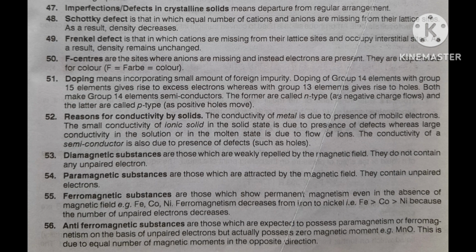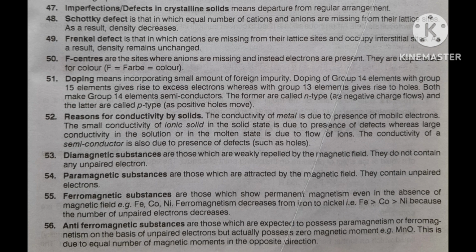Now what is actually Schottky defect? Schottky defect is that in which an equal number of cations and anions are missing from their lattice sites. As a result, density decreases.